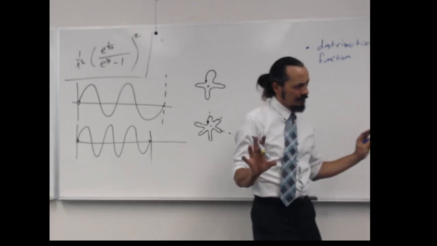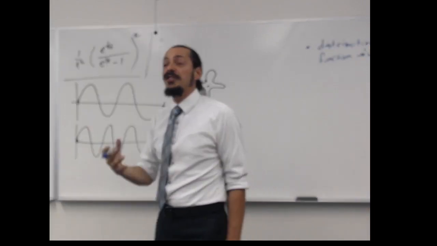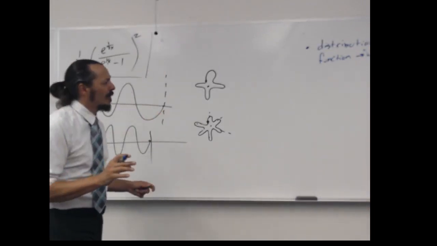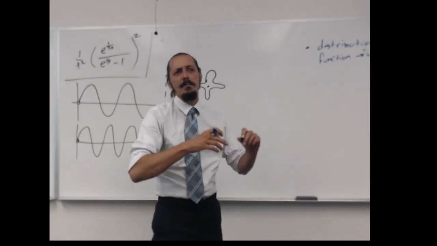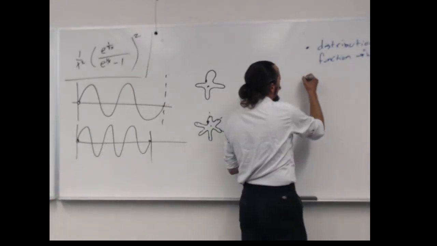And since, not really coincidentally, because of the way that the classical mechanics equations work out, we usually call these wave functions. You notice a lot of the analogies that are made are like sound waves, string waves, these oscillating things that are acting like waves. So we start to call those wave functions because of the math that surrounds them. But it's the distribution functions, the same thing we talked about before.